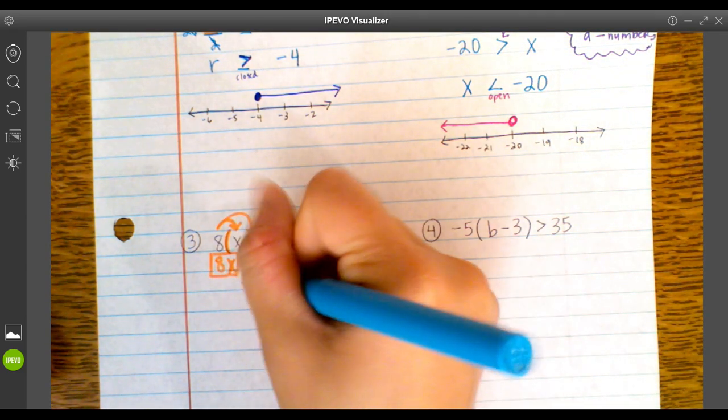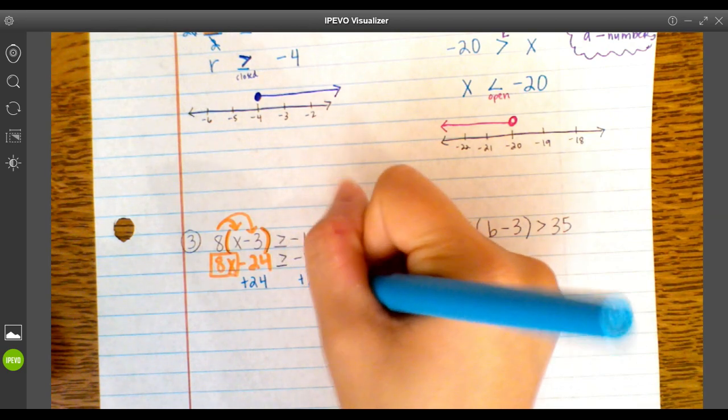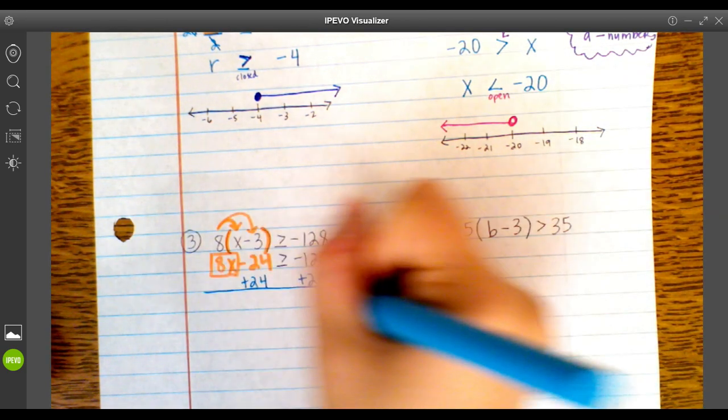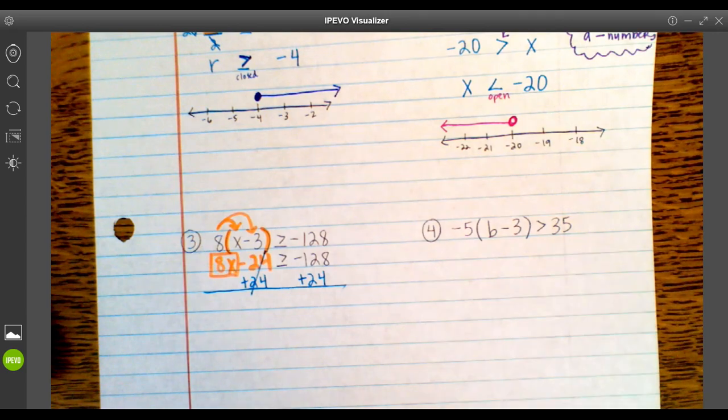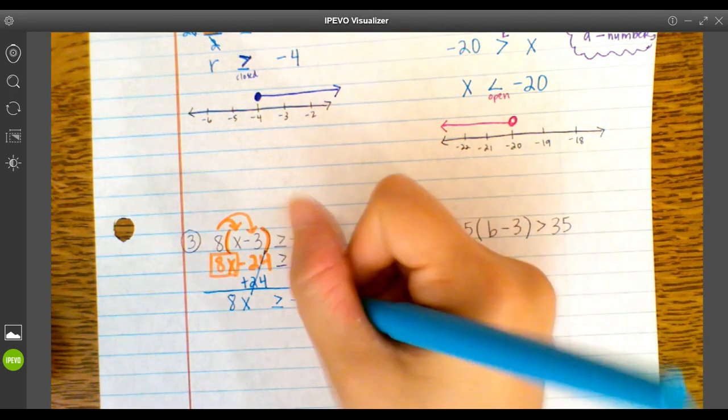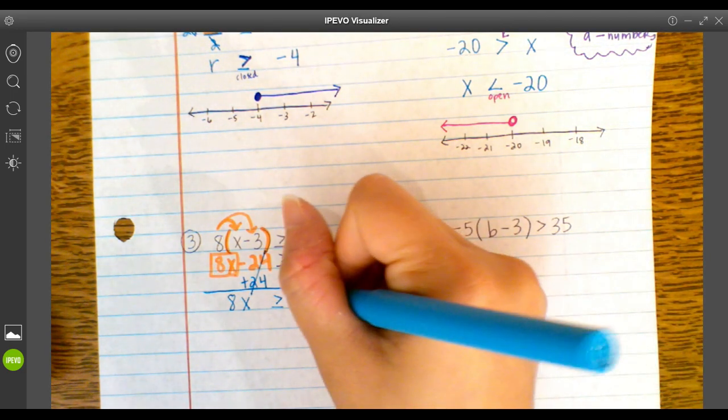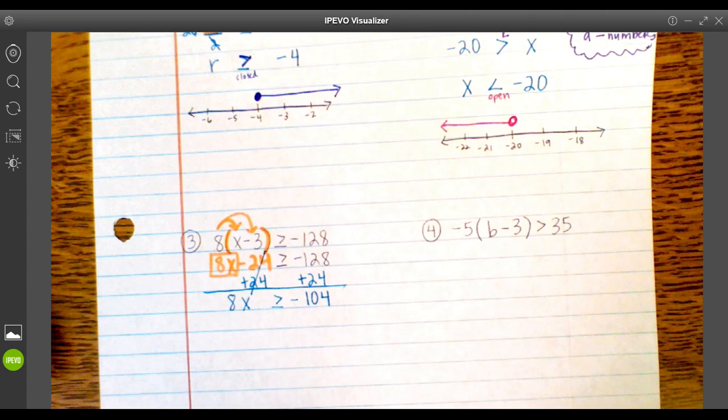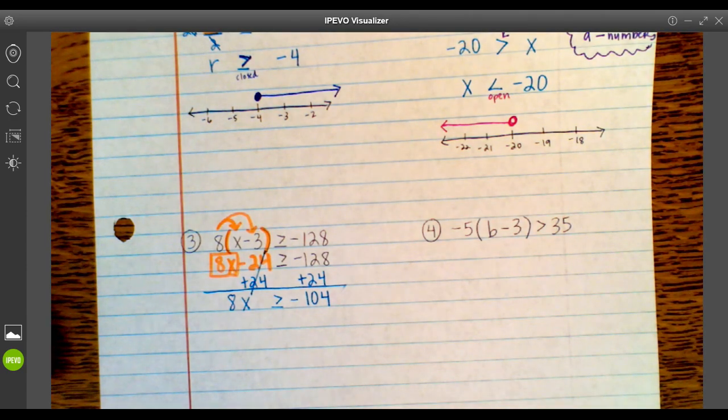We're going to add it over to each side. So let's go ahead and bring down what we know. So 8x is greater than or equal to -104.